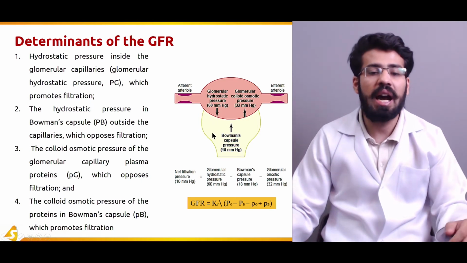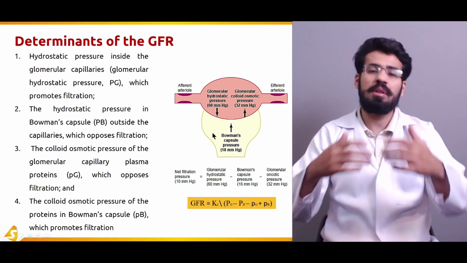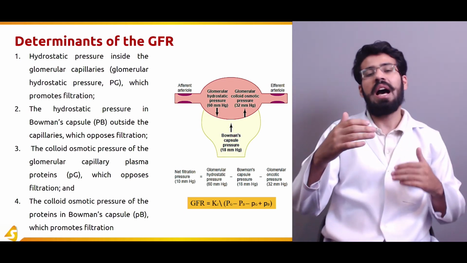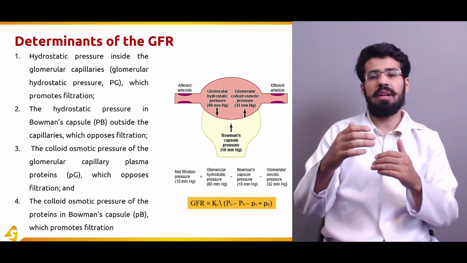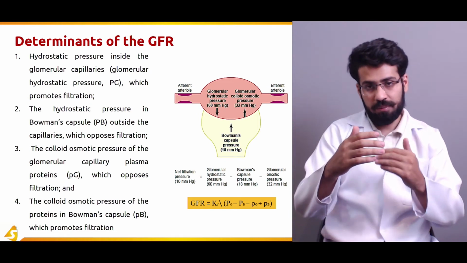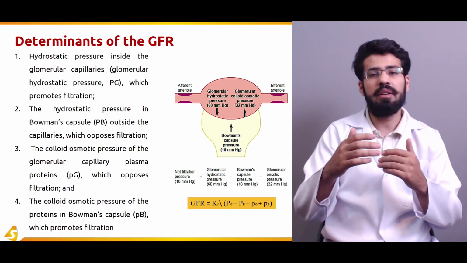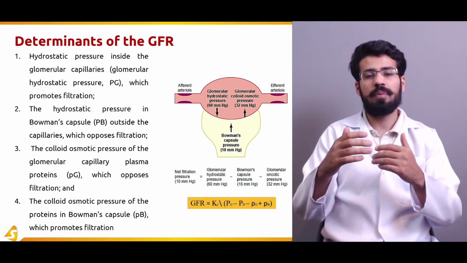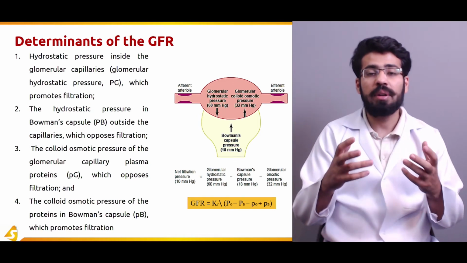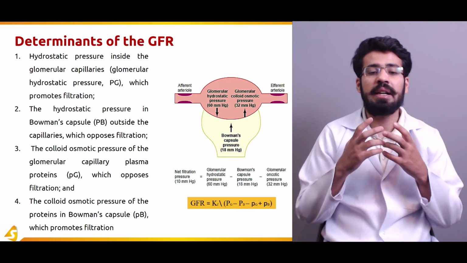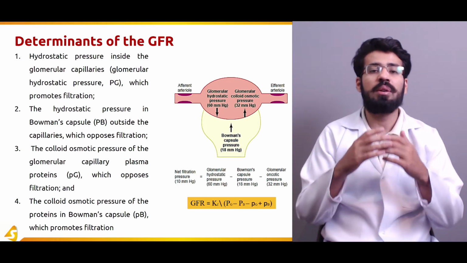Number two is the hydrostatic pressure of the Bowman's capsule. Because the Bowman's capsule is present against the glomerular capillaries, if pressure develops in the Bowman's capsule, the rate of filtration will reduce.